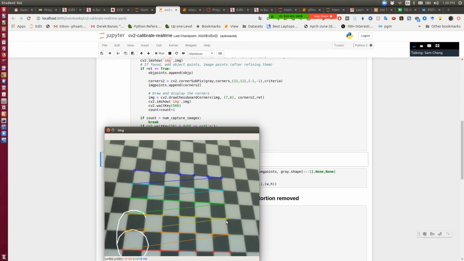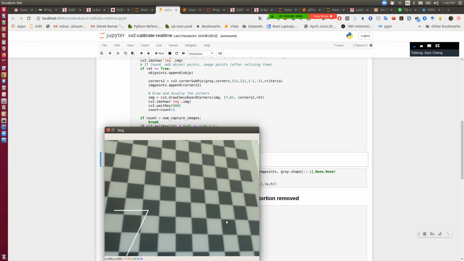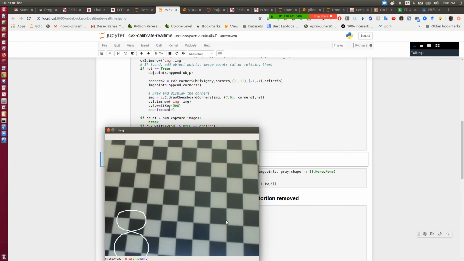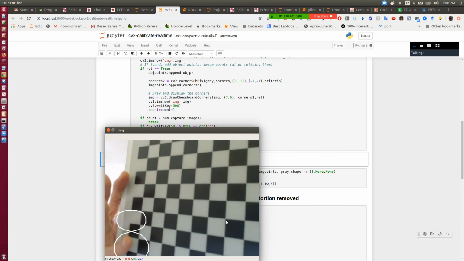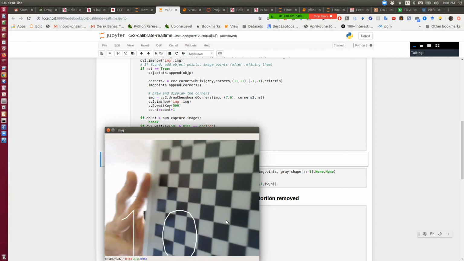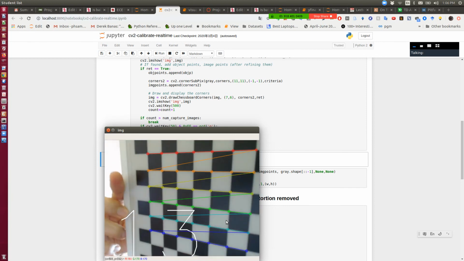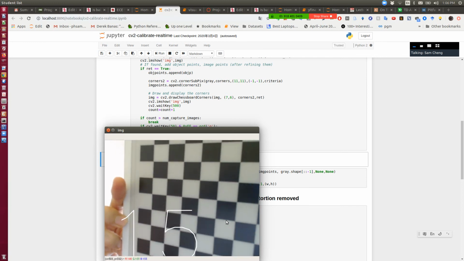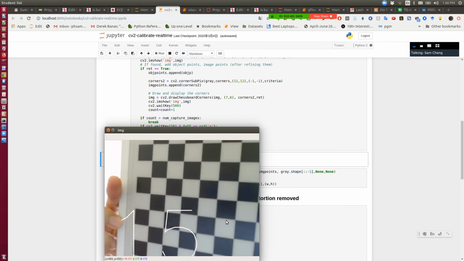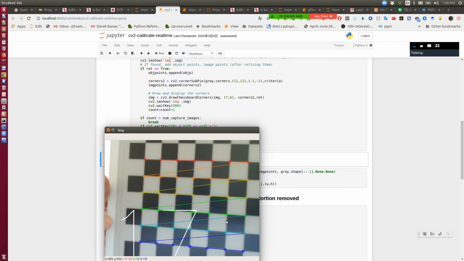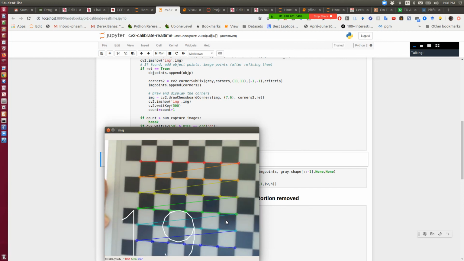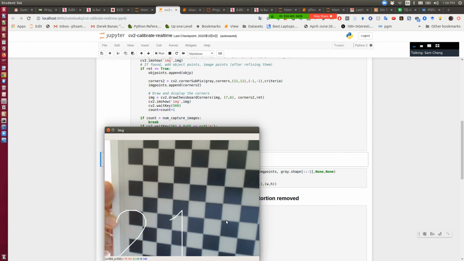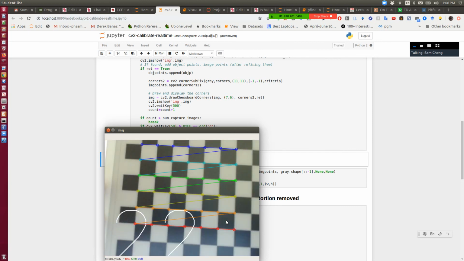Is it really that difficult to find all these points? Yeah, I just don't move and then I just quickly. Maybe I should lower the number of required points here.